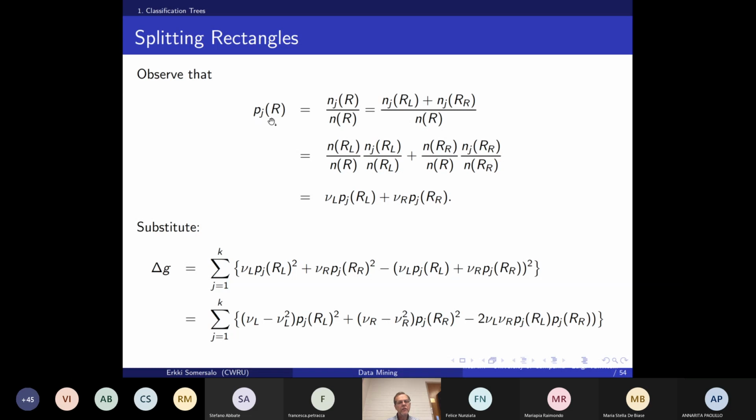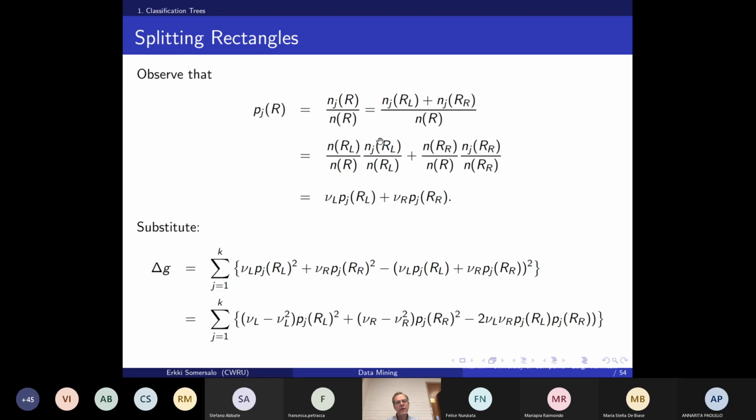But let's see how I get it. The probability or frequency of being in the class J is by definition the number of points in class J divided by the total number of points, and then I'm splitting this number of points into those which are on the left and those which are on the right. Okay, so this is an identity.